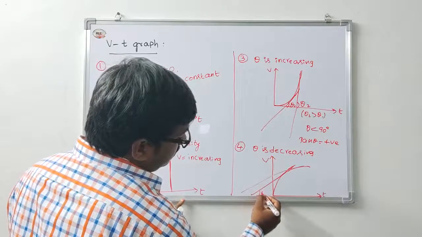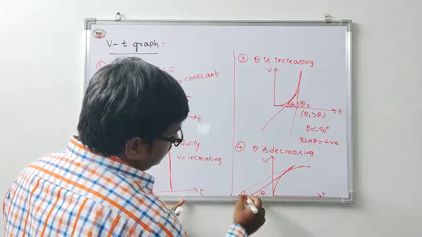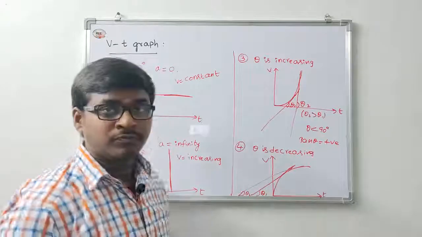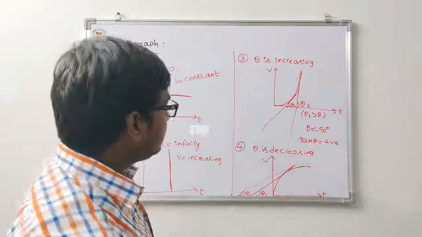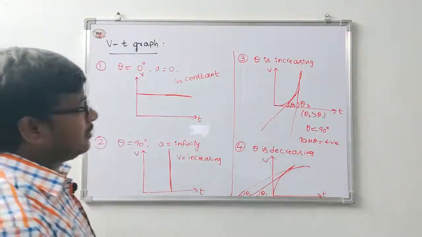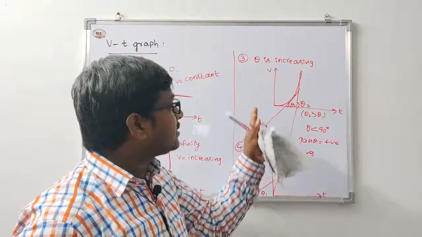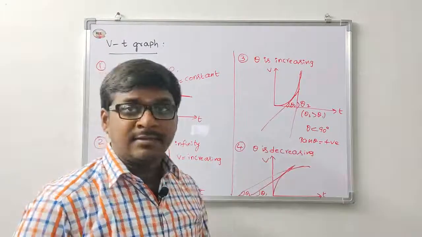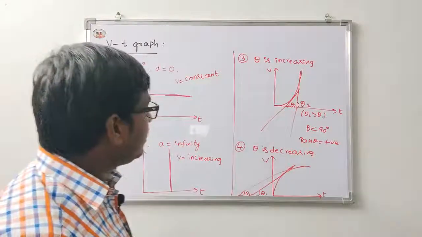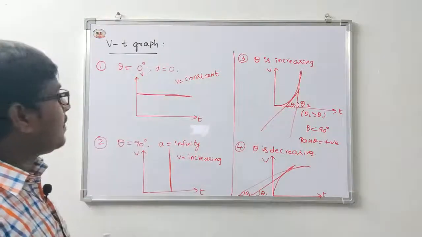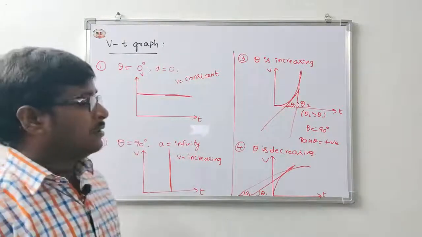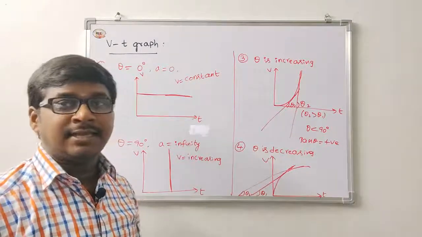This is theta 1, this is theta 2. In this way theta is decreasing, then velocity is also decreasing, and the acceleration is decreasing.